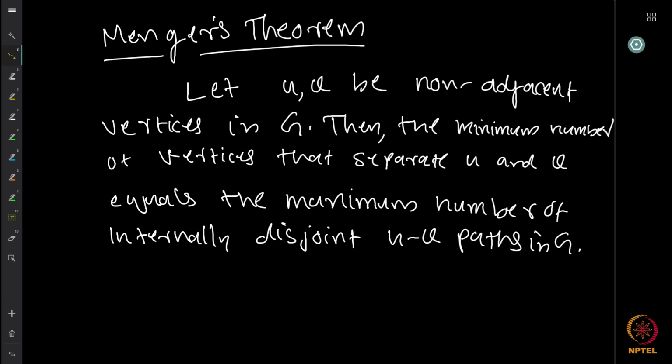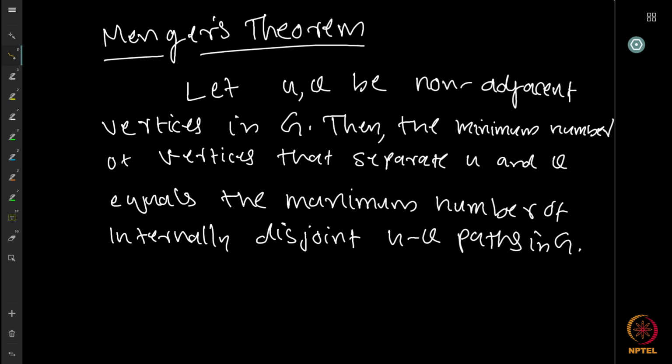One direction you should be able to see very clearly. Because every path is going to use the separating set vertices, it can use at least one vertex from the separating set to go from U to V. So you definitely cannot have more than that many disjoint paths, internally disjoint paths.